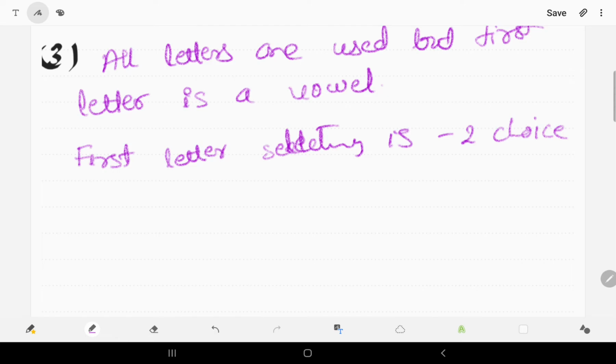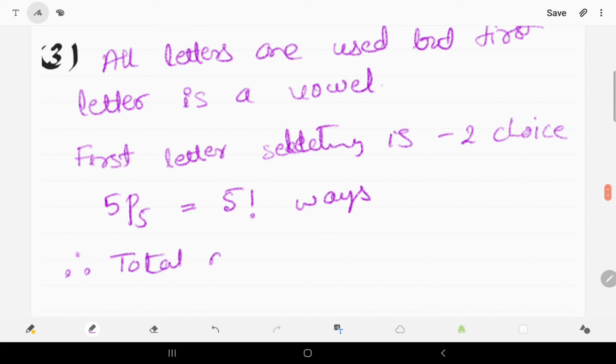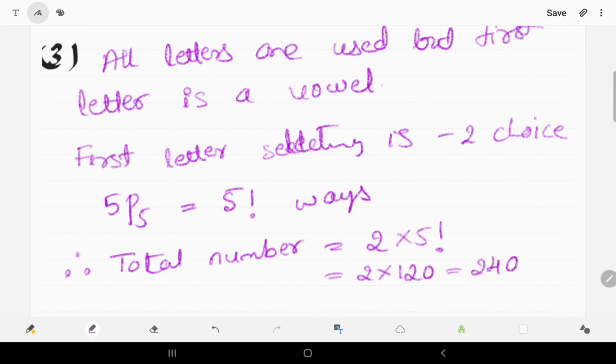So the remaining 5 letters without any restriction, so it is 5P5, it is equal to 5 factorial ways. Therefore, the total number is equal to 2 choices and 5 factorial ways. So that is equal to 2 into 5 factorial, that is 2 into 120, that is 240. Okay.